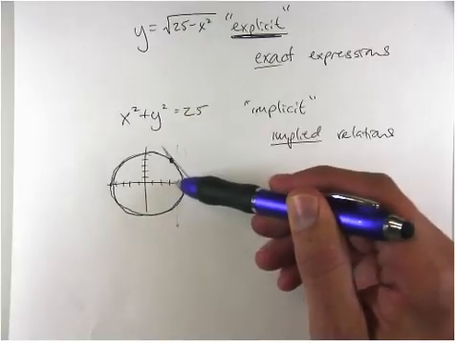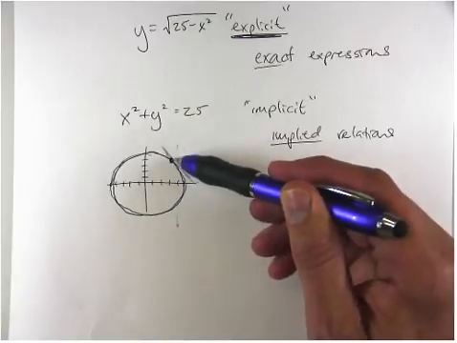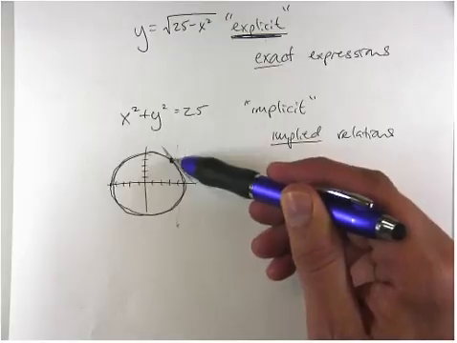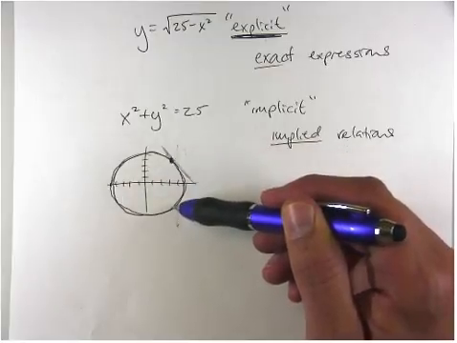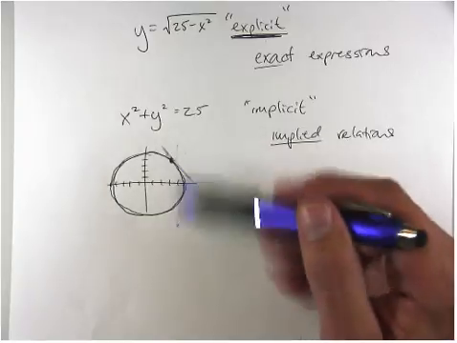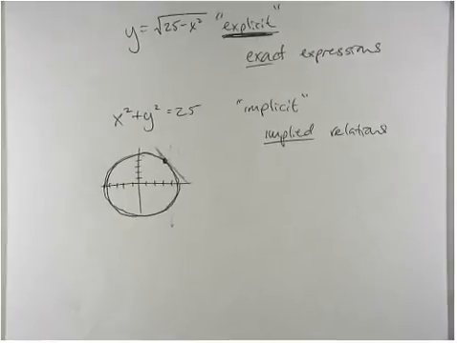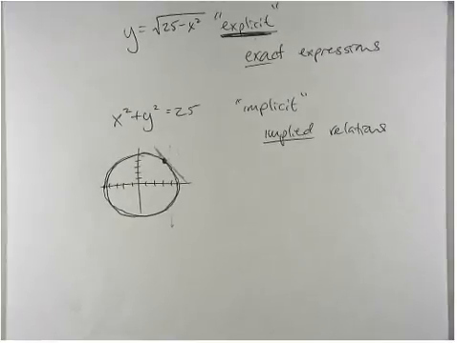If you tell me x is 3, I need to know whether you're talking about this point when y is 4, or this point down here when y is negative 4. Right? So just an x value won't be enough. But it's the same type of thing that we're asking.